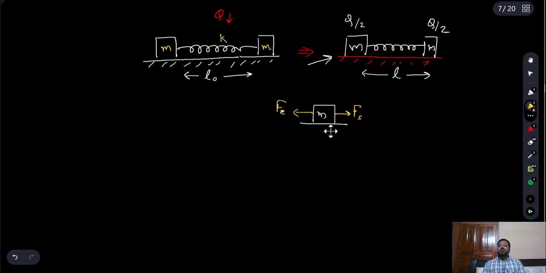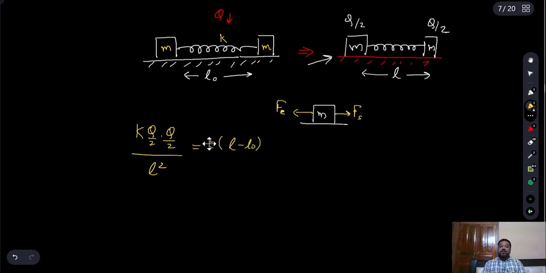So at equilibrium, these two forces will be balanced out. We can write an equation like KQ1 Q2 over the distance between them, that is L square, equals the spring force, and spring force is K times what? Not L, it will be K times L minus L naught.